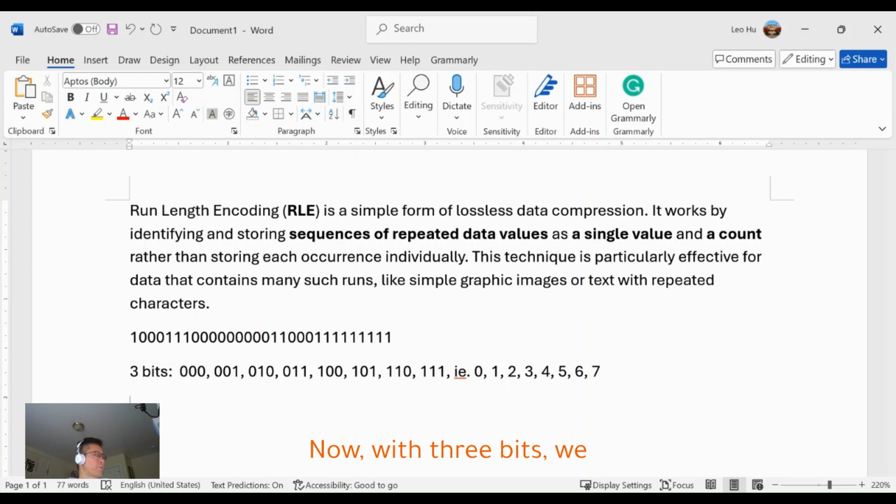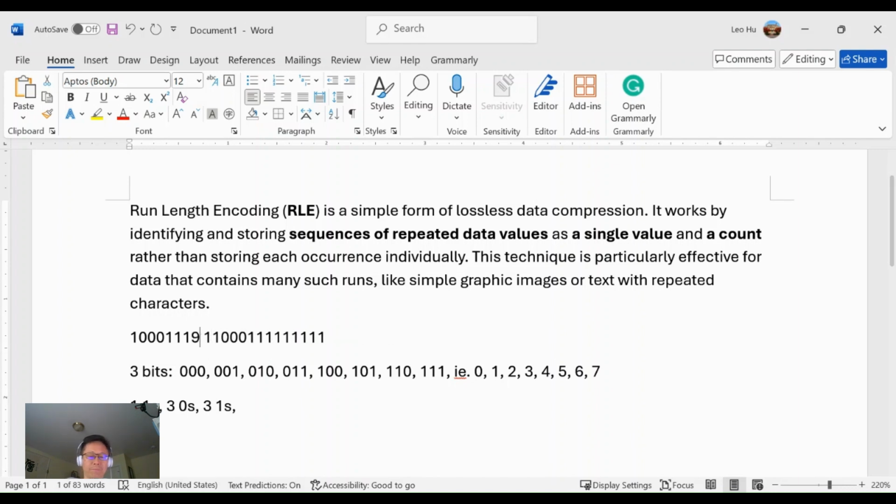Now, with 3 bits, we represent the groups or runs in the given data. So for the given data, the first group has only one 1. The second group has 3 zeros, and the third has 3 ones. And the fourth group has how many zeros? 9.